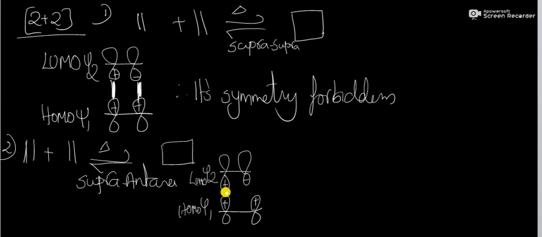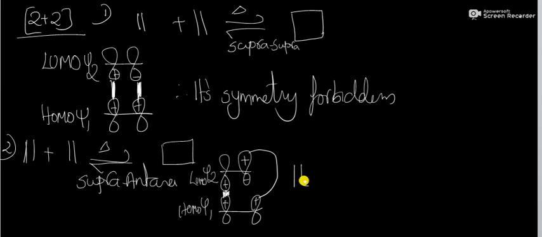Then the addition is supra-antara. Supra means same face addition. Antara means opposite face addition. This is opposite face addition. So here plus plus symmetry. Here also plus plus symmetry. So here both the sigma bonds are bonding interactions.